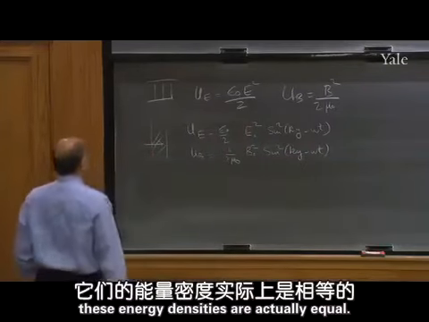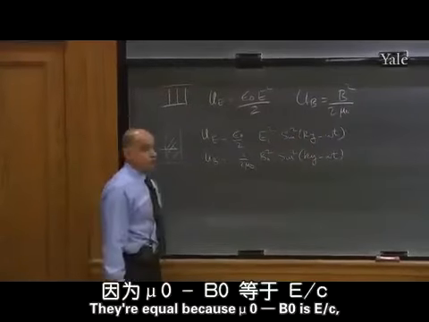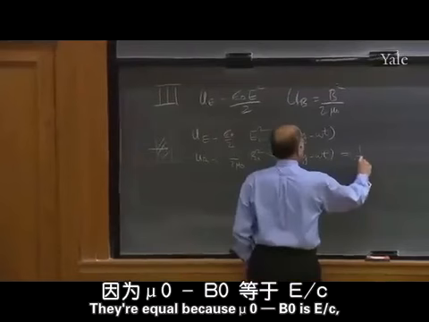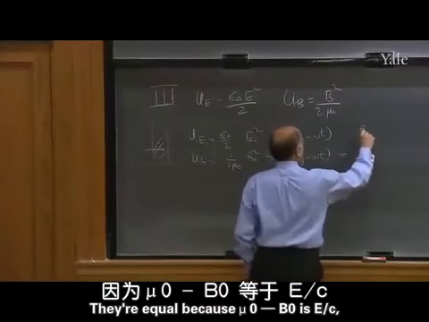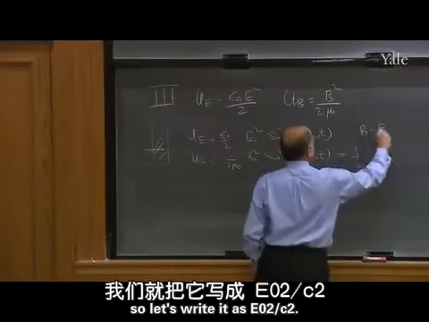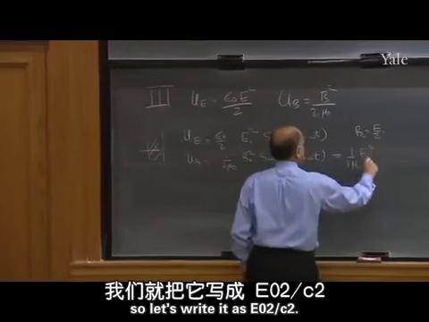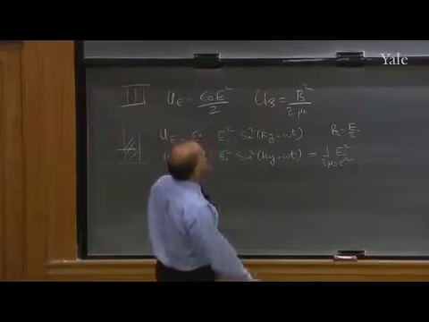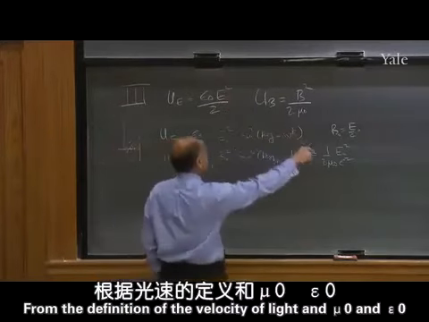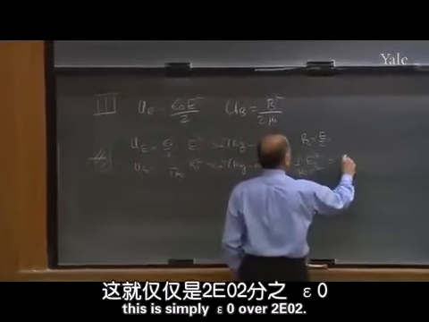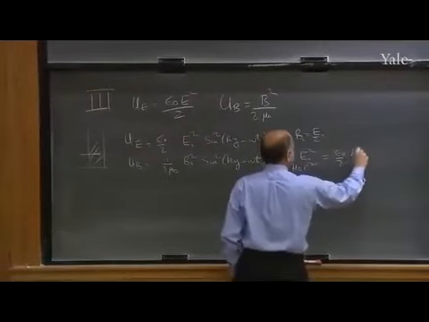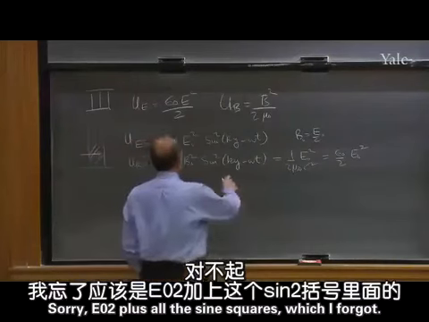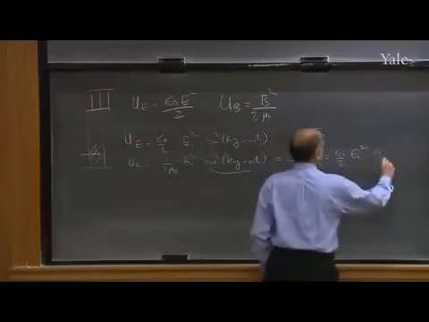I will now show you that these energy densities are actually equal. They're equal because B0 is E0 over c. So let's write it as E0 squared over c squared. From the definition of the velocity of light in terms of mu 0 and epsilon 0, this is simply epsilon 0 over 2 E0 squared, times the sine squared, which I forgot.